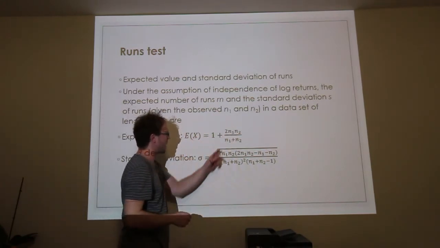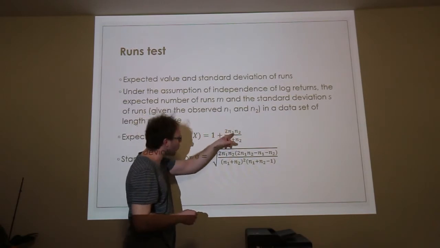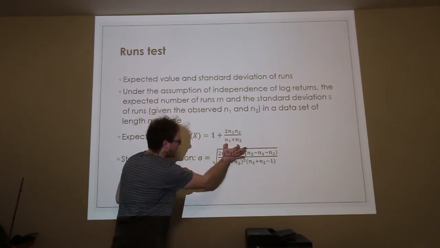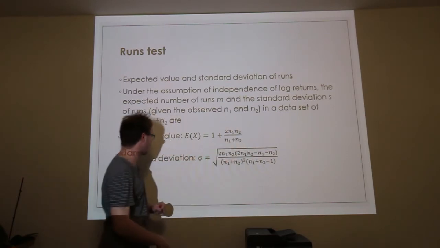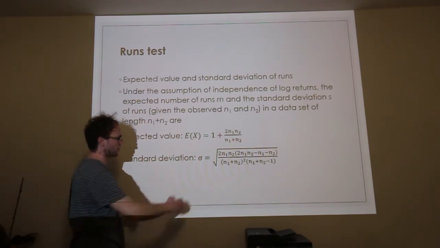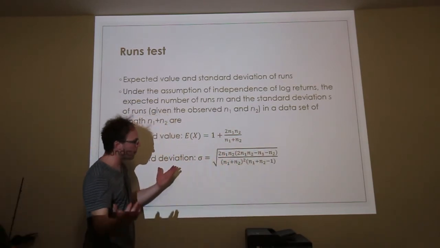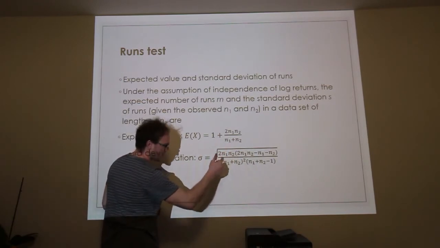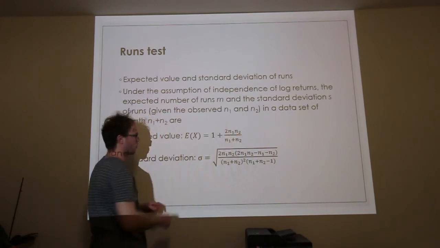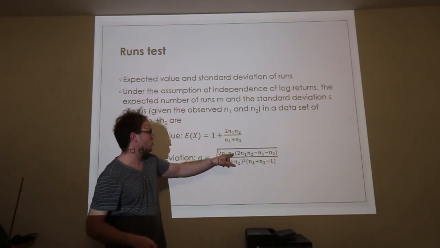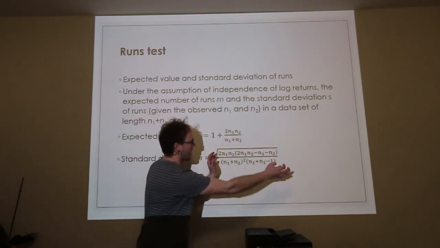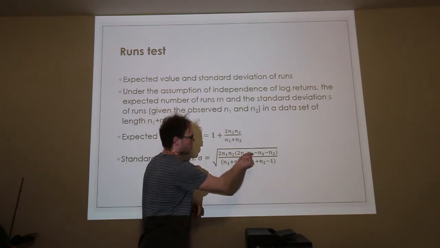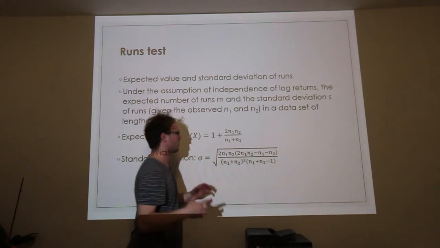In the numerator we have 2 times n1 times n2, and in the denominator there is a summation, n1 plus n2. And the standard deviation is a square root from, in the numerator, a small part from this formula: 2 times n1 times n2 times, and in parentheses, 2 times n1 times n2 minus n1 minus n2.